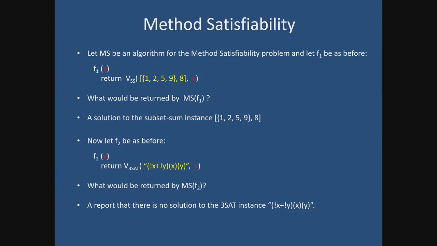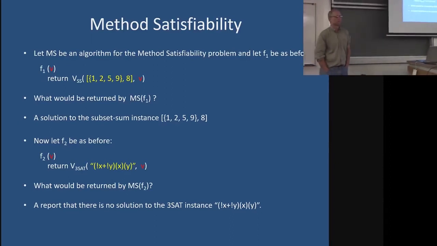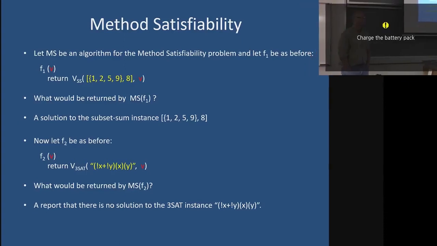That's what lets us argue that this problem is a member of NP. Should it be surprising that we're exploiting the fact that every problem from NP has a polynomial time verification algorithm? Why not? Why is that not surprising? It's kind of a strange question.